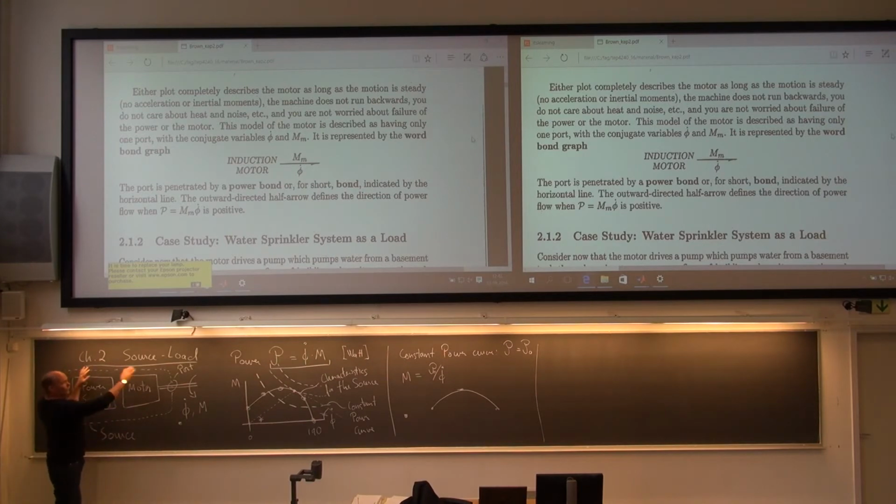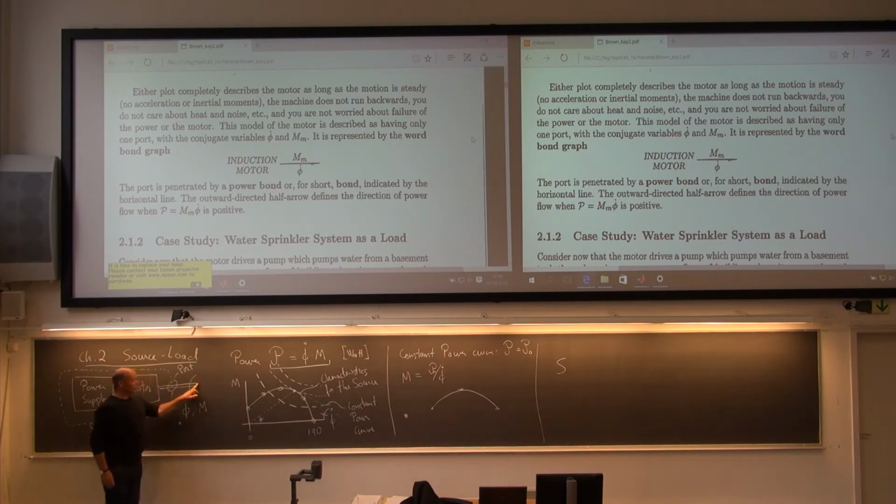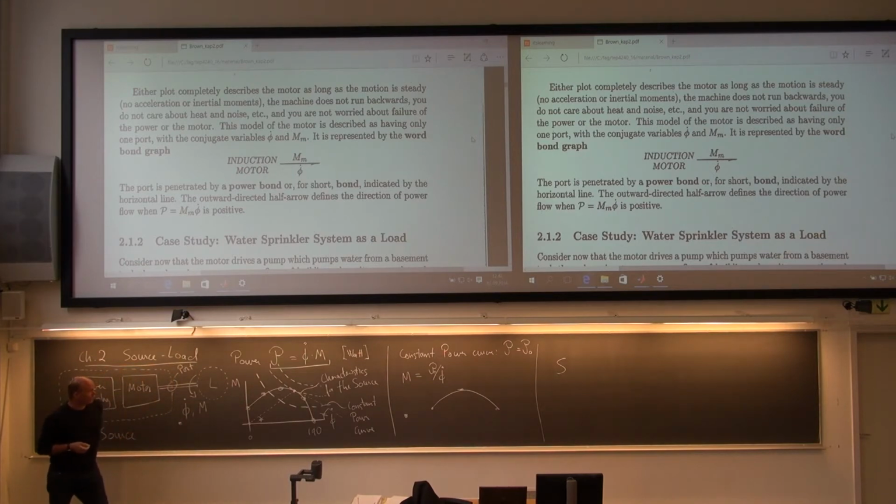We just lump this together and I call it a source, call it an S. Then on the other side, we will have something that this rotational axis is going to operate on. So here I have something that requires power to be moving. We call it a load for now.